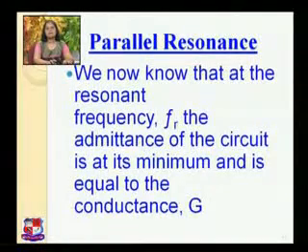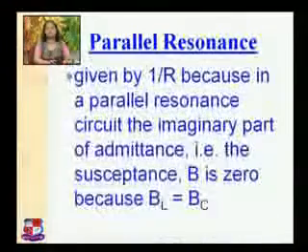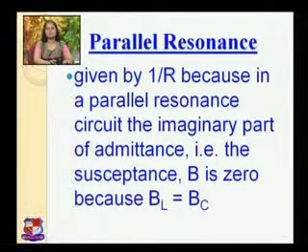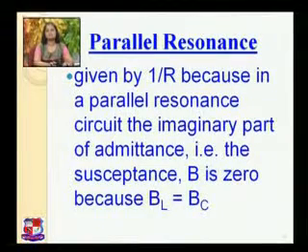So at resonance Y is equal to G, and it gives the minimum value of admittance, which is 1 upon R, because in a parallel resonance circuit the imaginary part of admittance, which is susceptance B, is 0, because BL is equal to BC, meaning inductive susceptance is equal to capacitive susceptance. So your net susceptance is equal to 0.